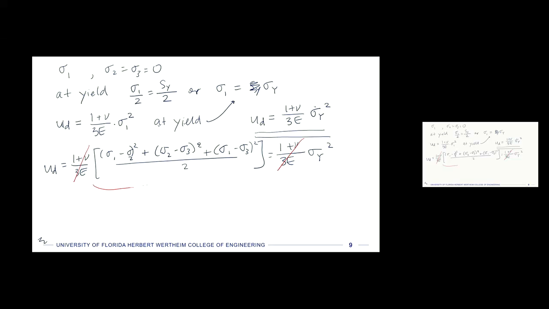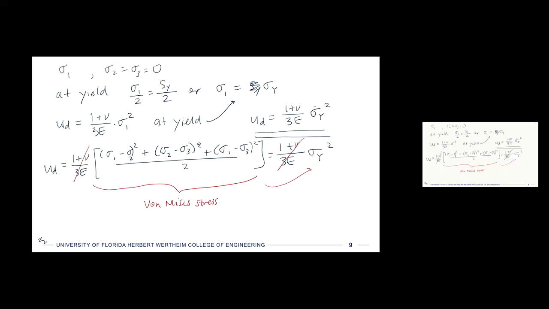We just have this effective stress, and we compare that effective stress to the yield stress. This left-hand side is the von Mises stress. You may be familiar with calculating that. And so this is our second yield criterion.